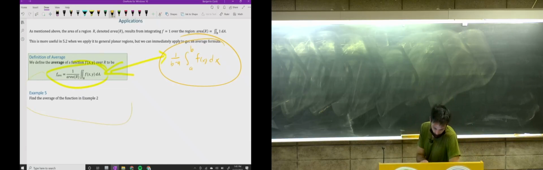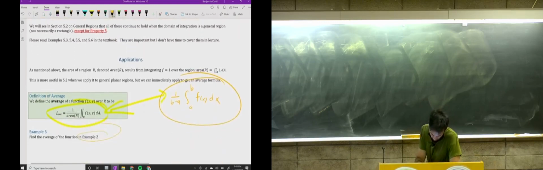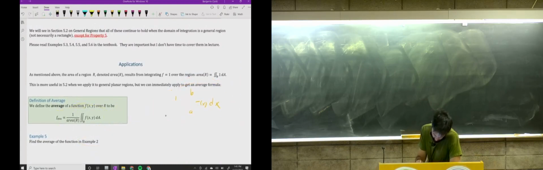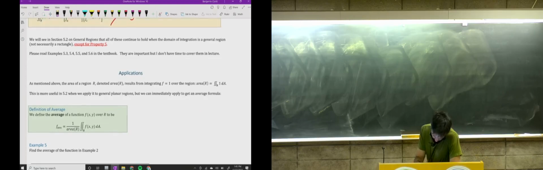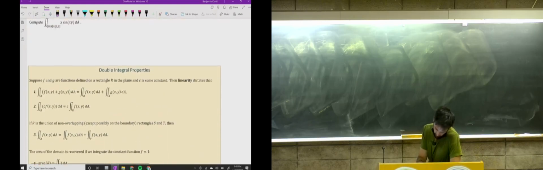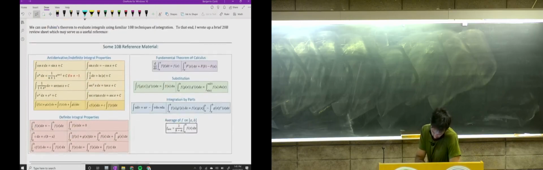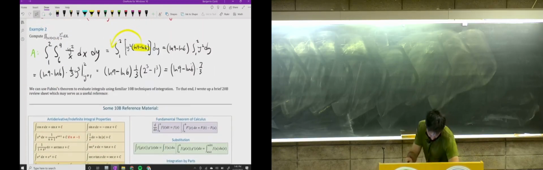So let's apply this to an example. I think any example where we have an answer would work. In example 2, we did the integral over 6 to 9 cross 1 to 2 of y squared over x, and we got it to be that.